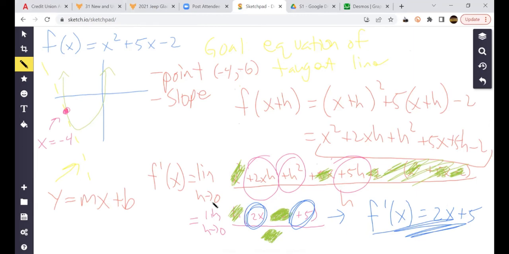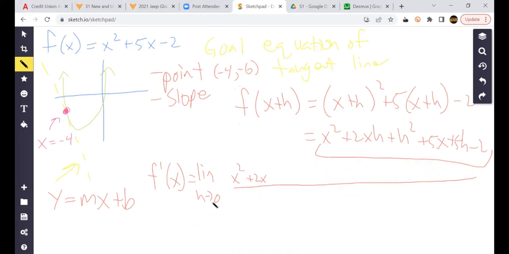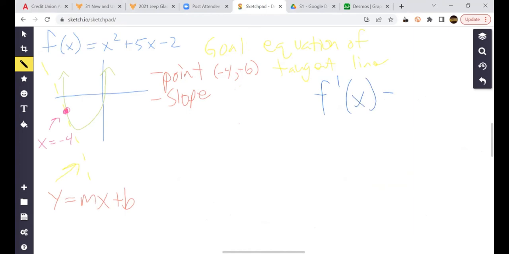Pause the video if you want, because I'm about to delete almost everything. We found the derivative, 2x plus 5. Let's get rid of some of this stuff here. So we know that our derivative is 2x plus 5. Let's see, f prime of x equals 2x plus 5. So let's come back home.